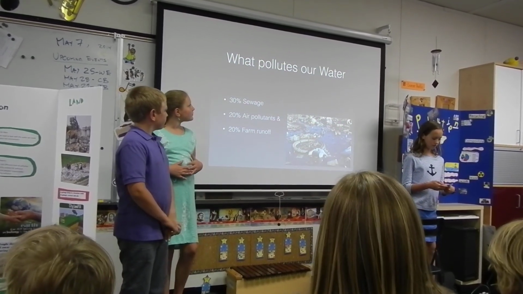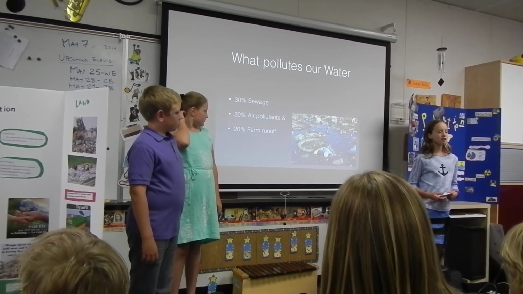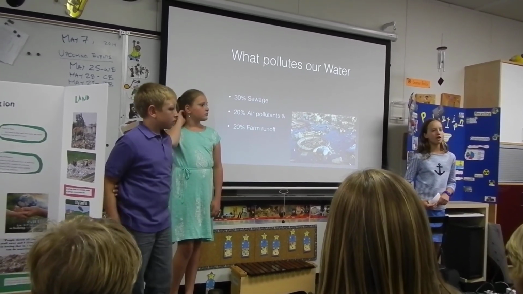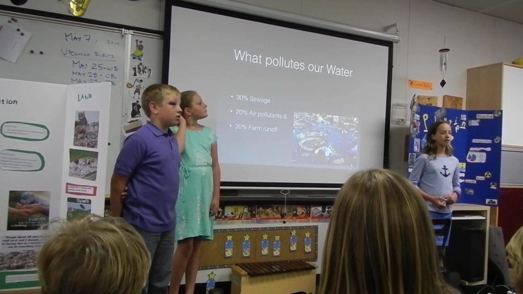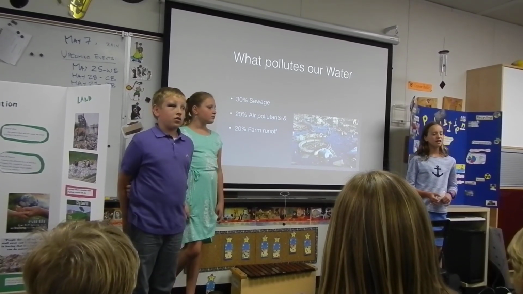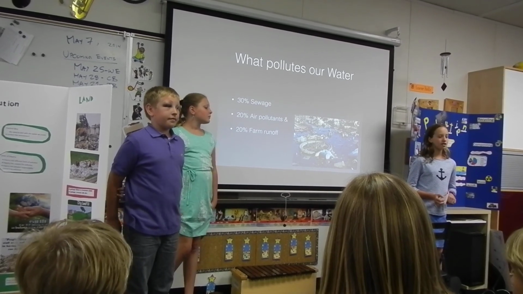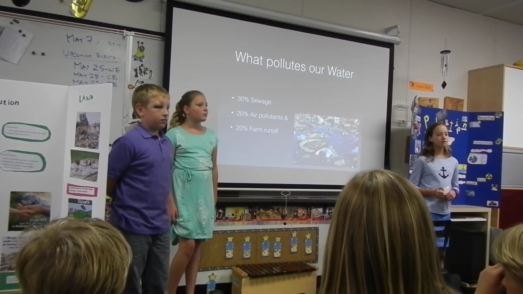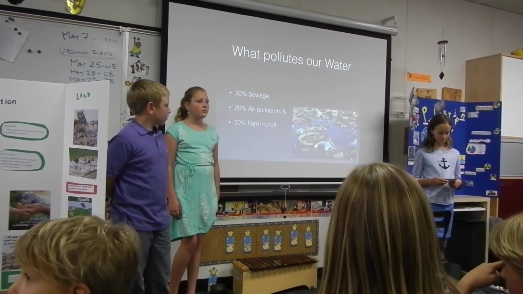What pollutes our water? The biggest reason for water pollution is sewage. We have more than 7 billion people on our planet. With those 7 billion people growing food, using fertilizer, making trash, working, we create a lot of waste. And most of it normally goes into our oceans.